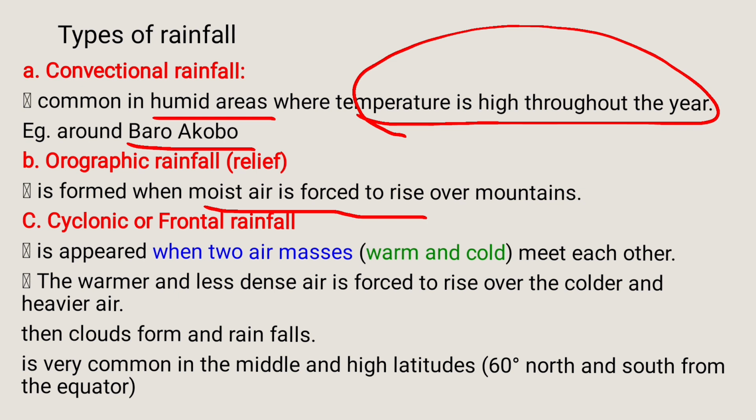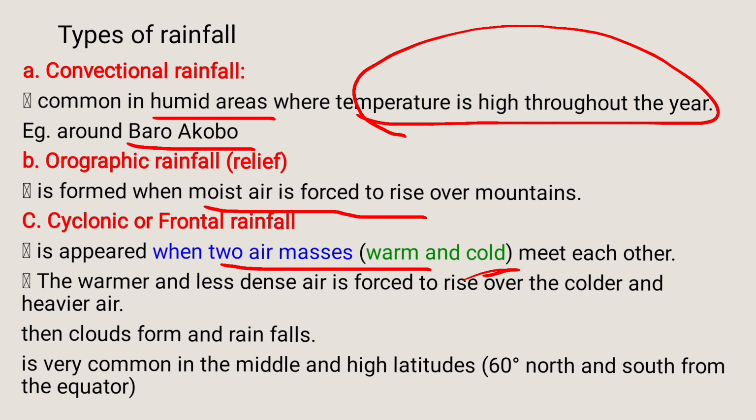And the third one is the frontal type of rainfall. This is also known as cyclonic type of rainfall. It commonly appears when two air masses, the warmer and the colder air masses, meet each other. The point where the two air masses, the warm and the cold, meet each other is known as a front.